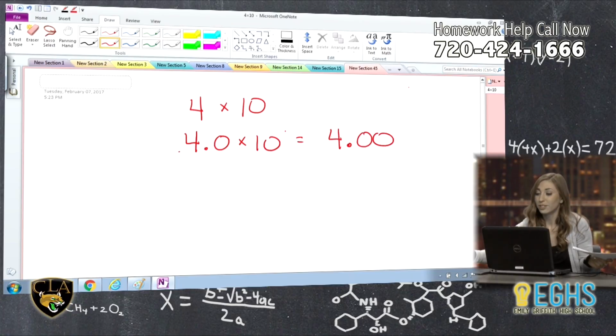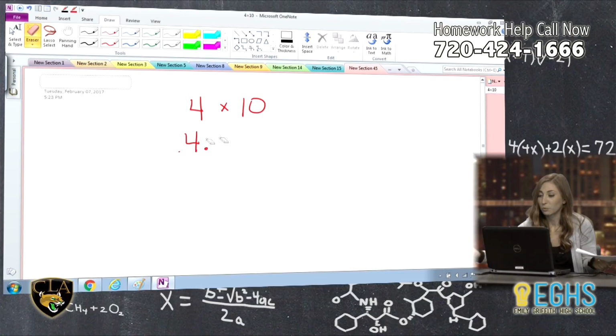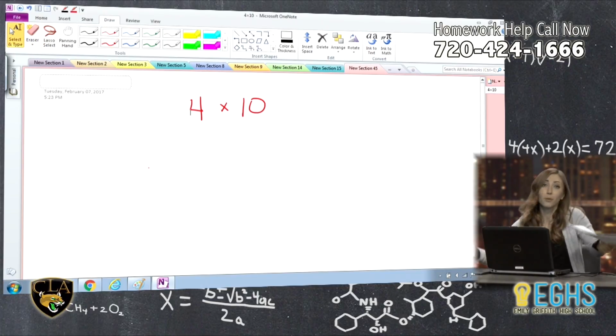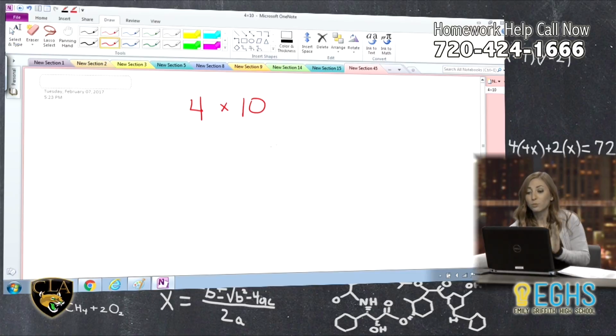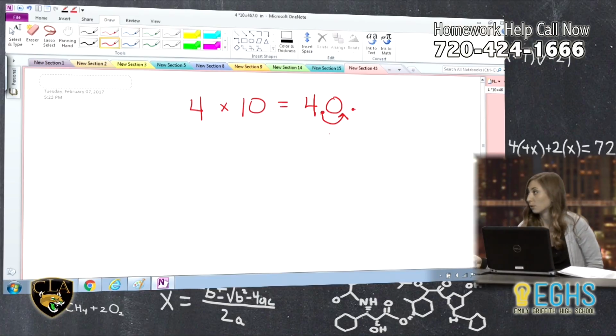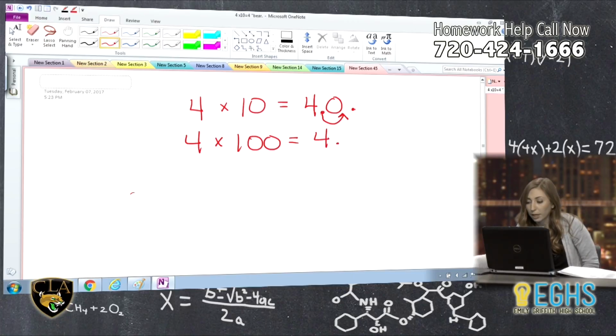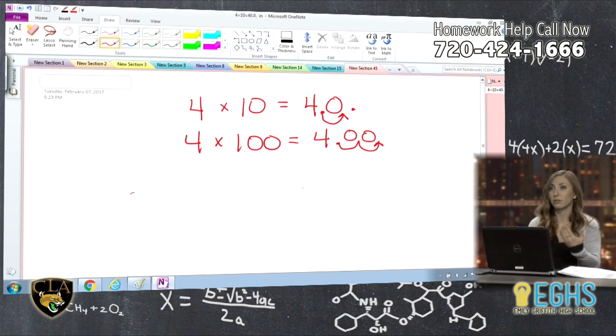I hear students repeat that to me, like, my teacher just said to add a 0. What's really happening when you're multiplying by 10 is you are moving your decimal point over one place. If you're multiplying by 100, you're moving your decimal point over 2. And that's why those zeros are being added.